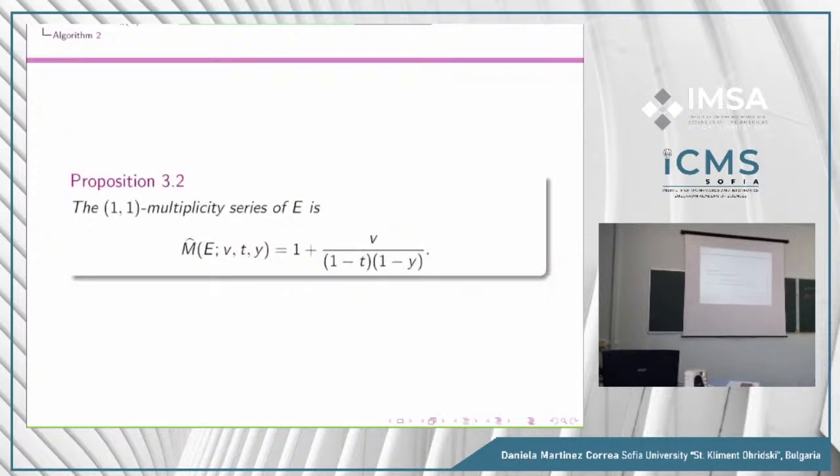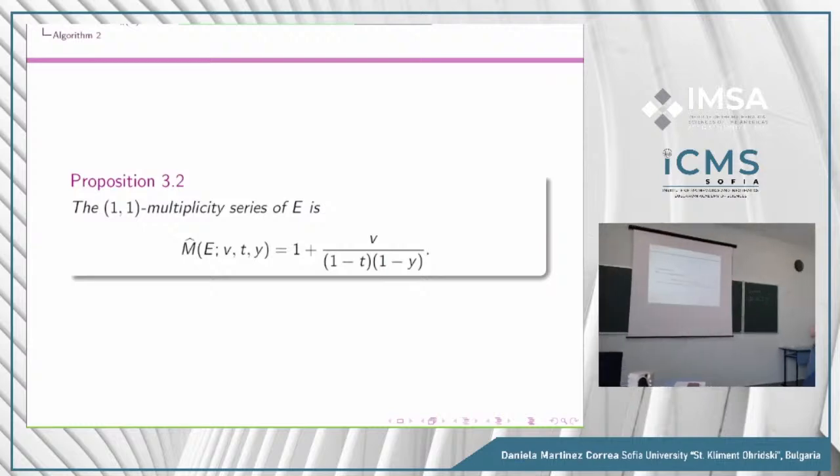We make some computations for particular cases, but remember that in the previous method, for UTN of E, we computed K equal to N and L equal to 2N minus 1.